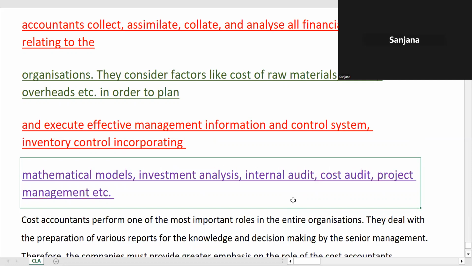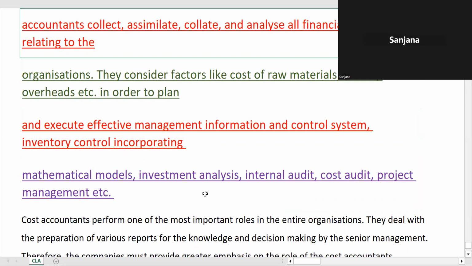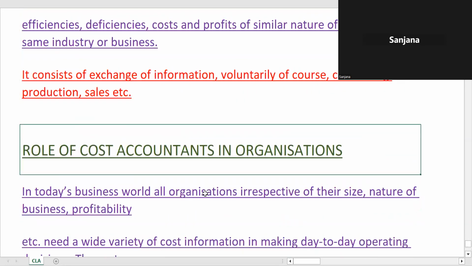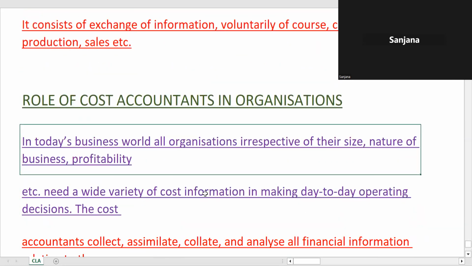Whatever you remember, just write that. So all these things they do. What is the role of cost accountants? What do they do?